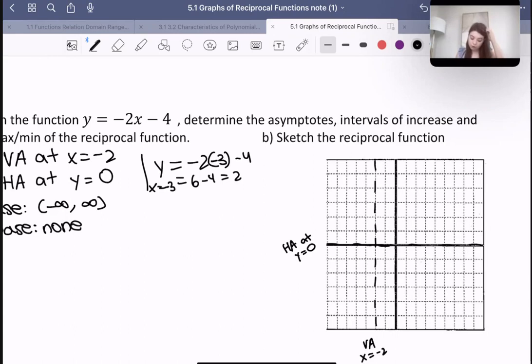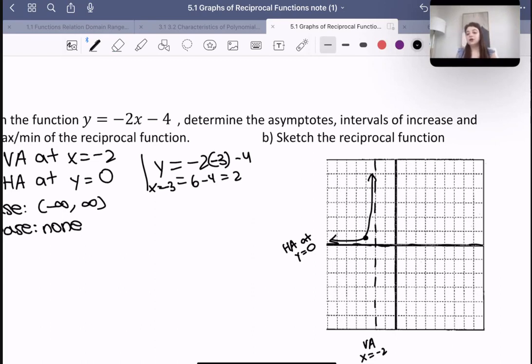Therefore, we would get a half on the new function. So here we would have -3 and then a half as a point. That tells us that the first part of this reciprocal function is over here, right? Because I wasn't sure if it was here or here or here. Given that we chose -3, it would have to be either quadrant 2 or quadrant 3, and we found out that it was indeed quadrant 2.